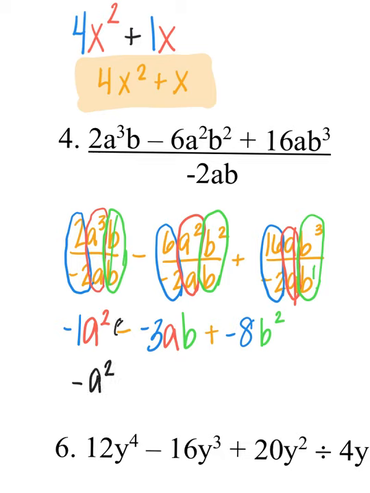And then when I'm subtracting, I have a subtraction with a negative, makes that a positive 3ab minus 8b squared. And that's the answer.